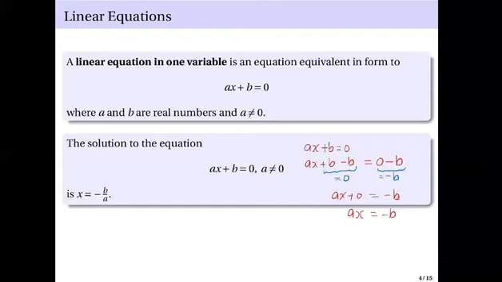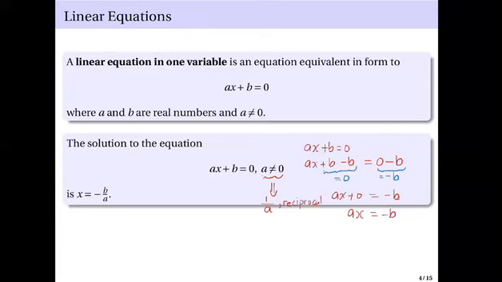Now since a is not equal to 0, we will have 1 over a. So a not equal to 0 means that we have 1 over a. Correct? This is the reciprocal of the number a.